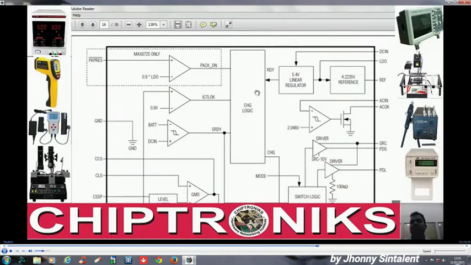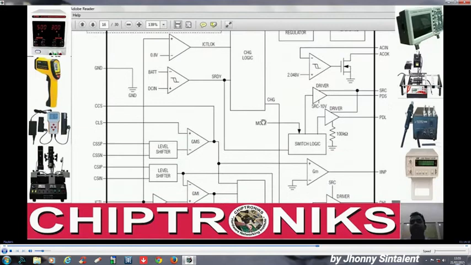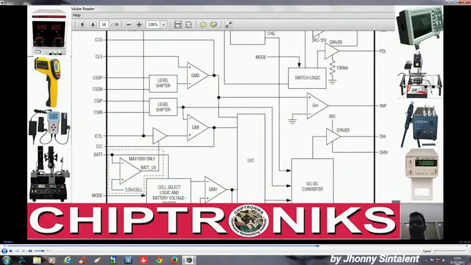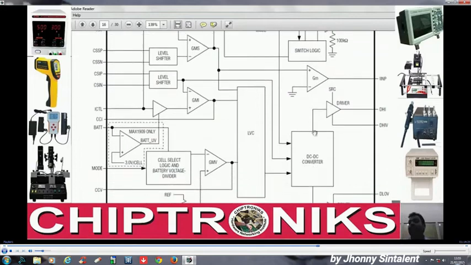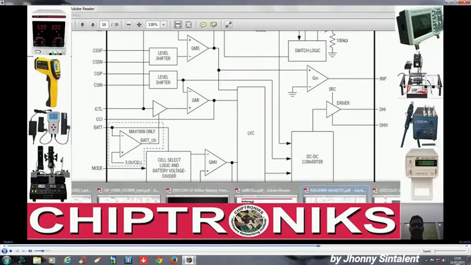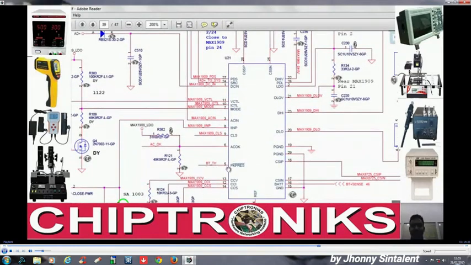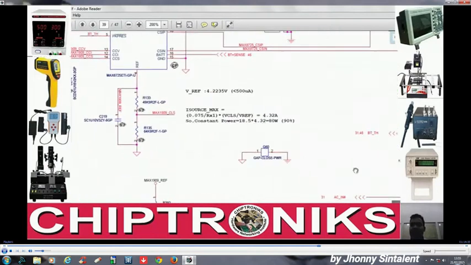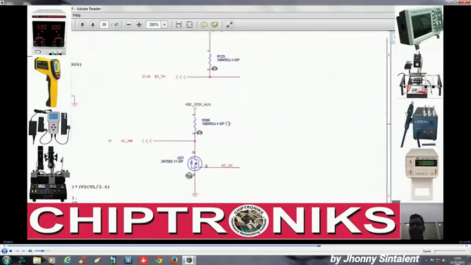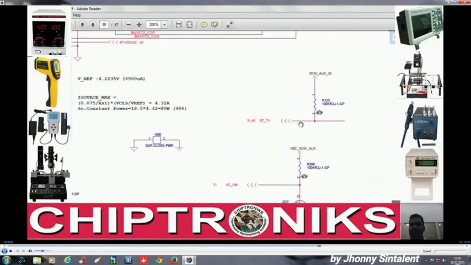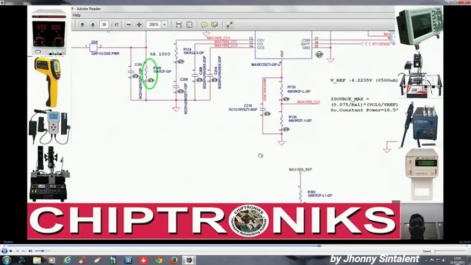It will disable the charge logic, and you see this charge logic is connected to the internal DC-DC converter. And that DC-DC converter generates DHI and DLO, which are connected to the gate of the MOSFET. You can see over here PK press, BT_TH, and it's coming through the battery.